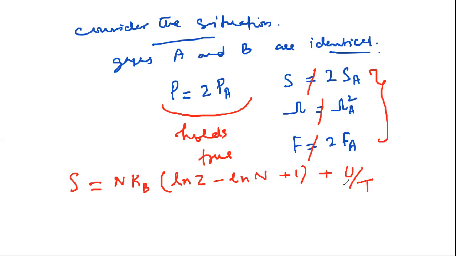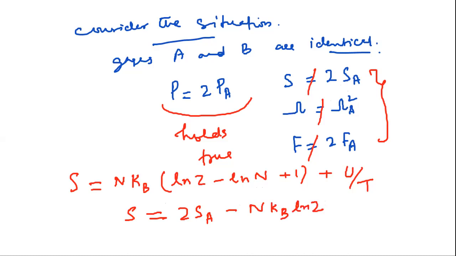From this expression, you prove that, when we consider this mixture situation, you will see this S is 2SA. We expected it should be 2SA, but it is not equal to it. It is 2SA minus N KB ln 2.